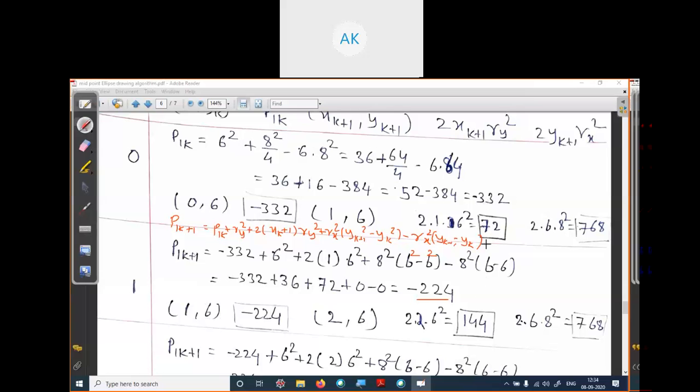Check whether you have entered into region 2 or not. 2 into xk plus 1, which is 2 into ry square, 6 square, is 4 into 36, 144. Again calculate all these values and check which region you are in.